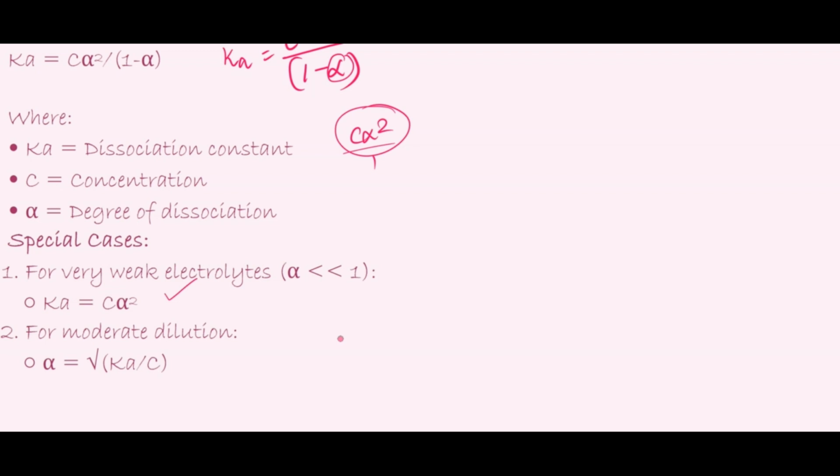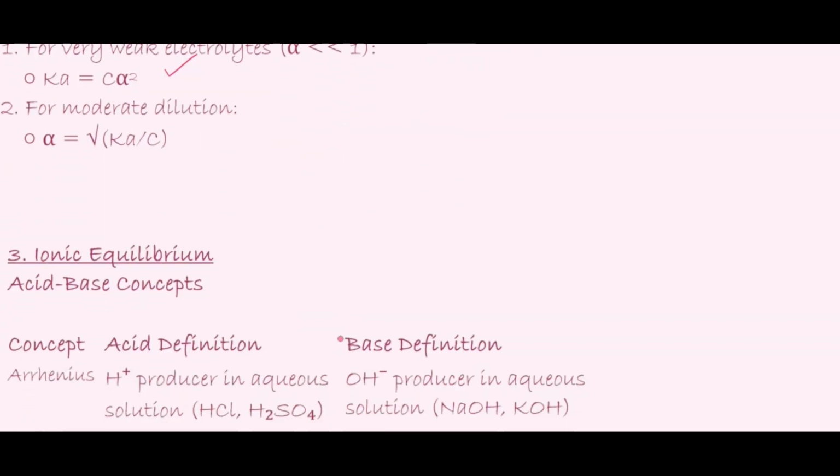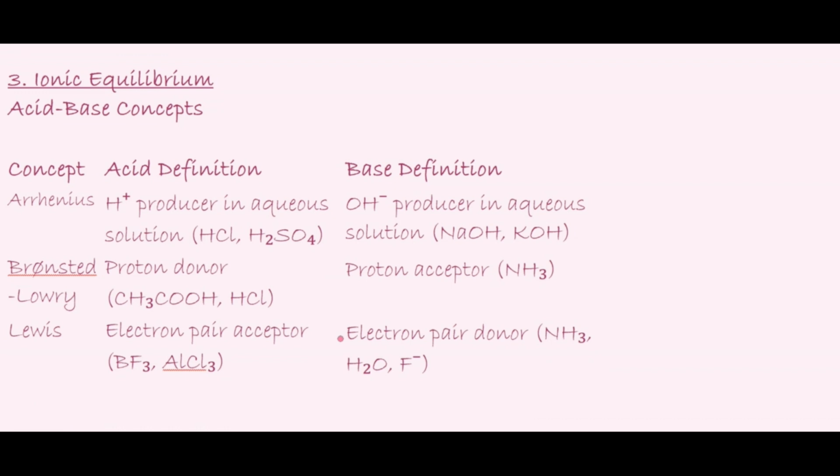In case of moderate dilution, the degree of dissociation alpha will be equal to root of Ka by C. These formulas are important. Now, having this knowledge about how the equilibrium works, we are diving into ionic equilibrium.